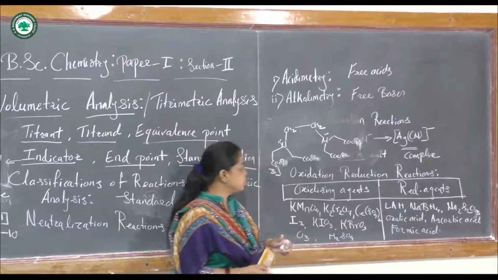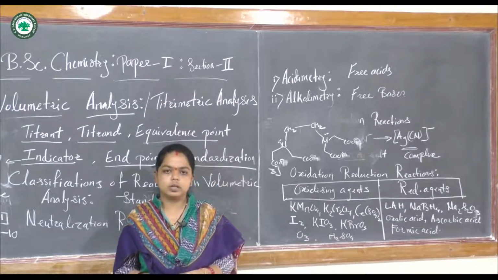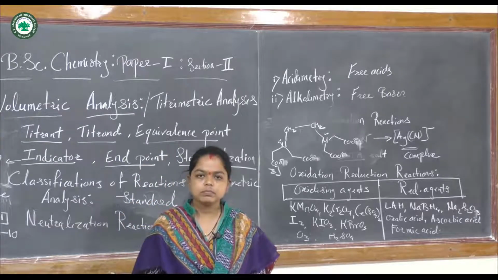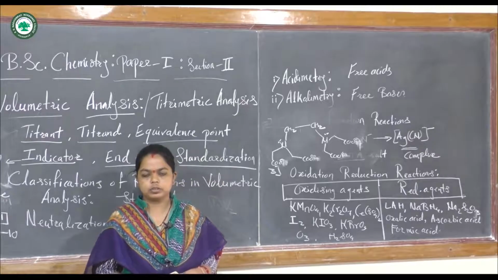Then the next point, the third point, is the oxidation reduction reaction, also called the redox reaction. We know that oxidation is the loss of electrons and reduction is the gain of electrons.